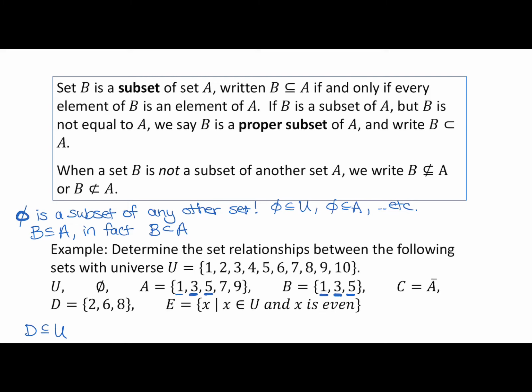D consists exactly of even numbers. So every element of D is contained in E. So we can say that D is a subset of E, and in fact it's a proper subset of E because it's not all even numbers, it's just these 3 even numbers.